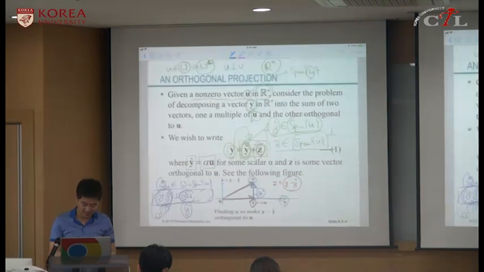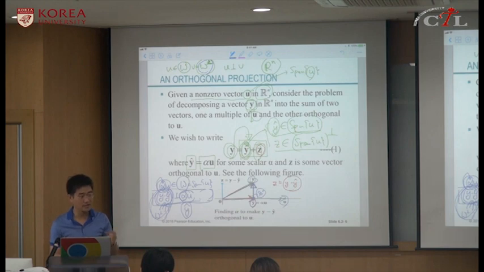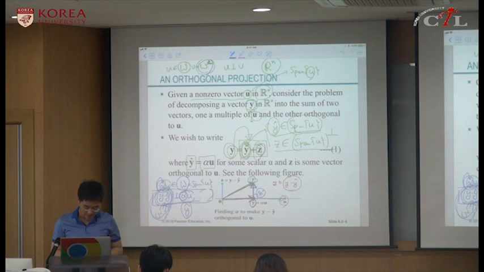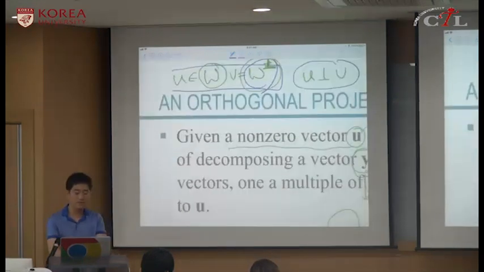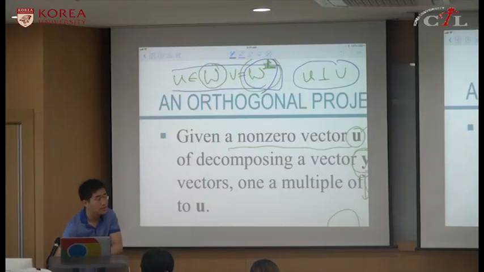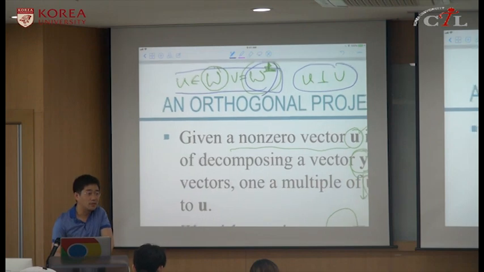So this guy is belonging to here, and this guy is belonging to here. So at least those two particular vectors chosen in this manner satisfy this, and so these two vectors can be thought of as being selected from W and W perpendicular respectively.